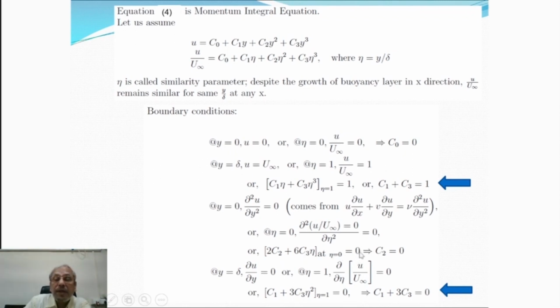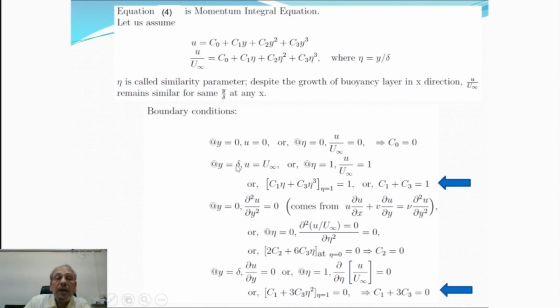Substituting eta equal to 0, we get c2 is 0. So in this expression, c0 is 0, c2 is 0, and we are left with c1 eta plus c3 eta cube.